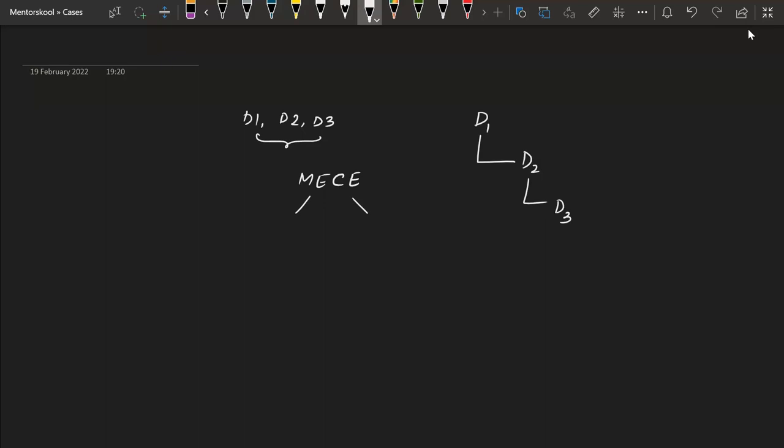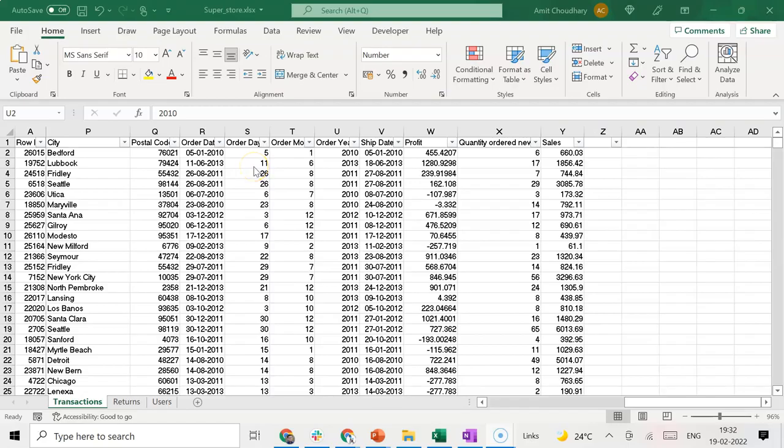What do I mean? Let's go back. Let's look at this example where for order date we have the day, month and year available. So this is the day on which the order was placed, the month in which the order was placed, and the year in which the order was placed.